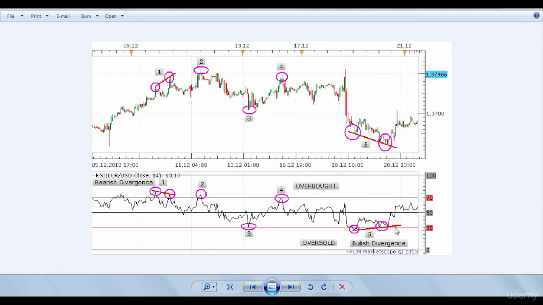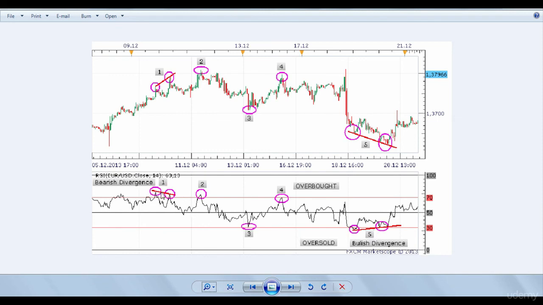Bullish divergence is a situation when the price on the graph makes a lower bottom compared to the previous one, but the RSI indicator doesn't show the same. In fact, it shows a higher bottom compared to the previous. Bullish divergence gives a signal to buy, which means that a turnover from downtrend to uptrend can happen.